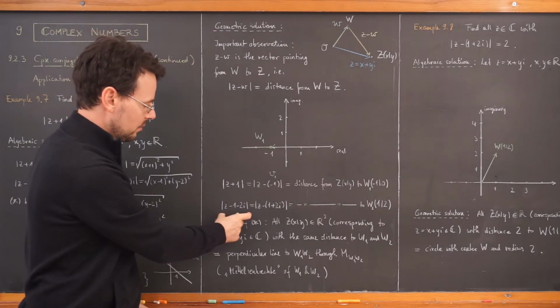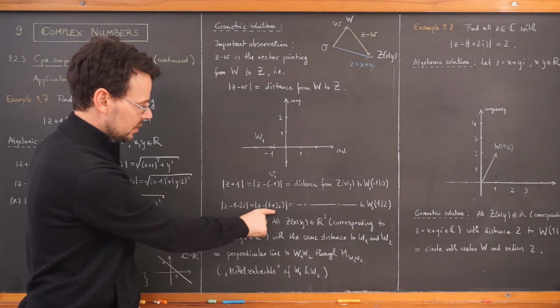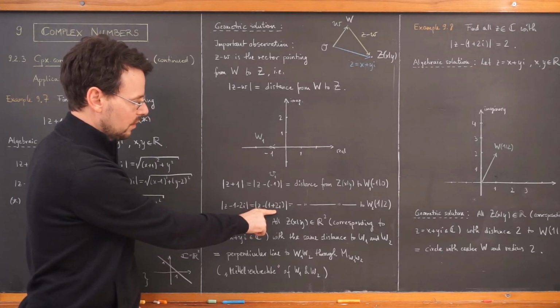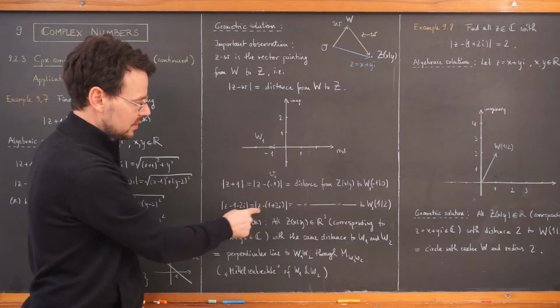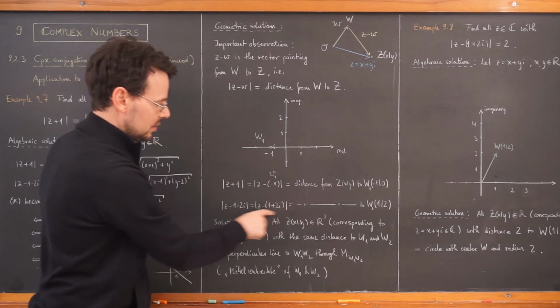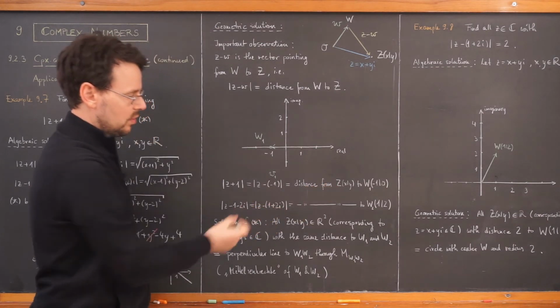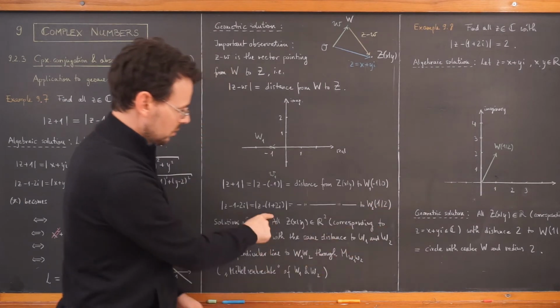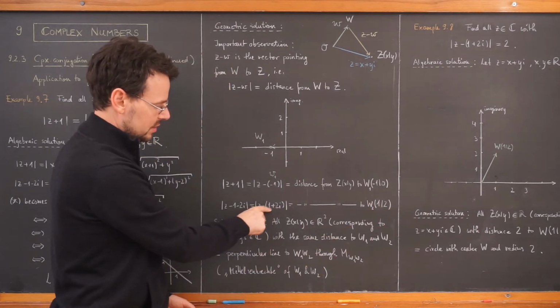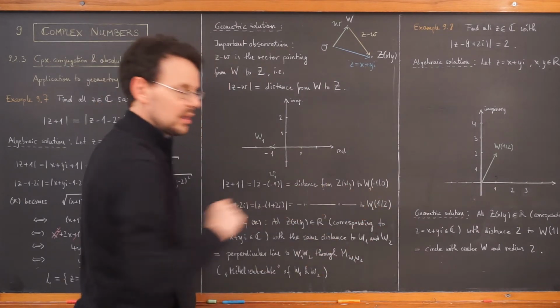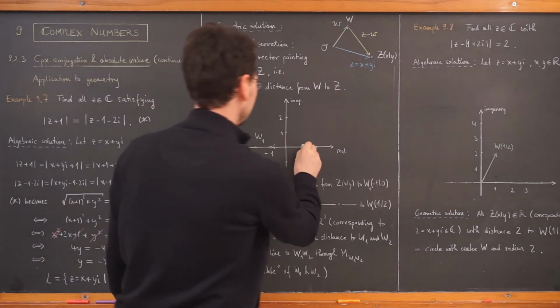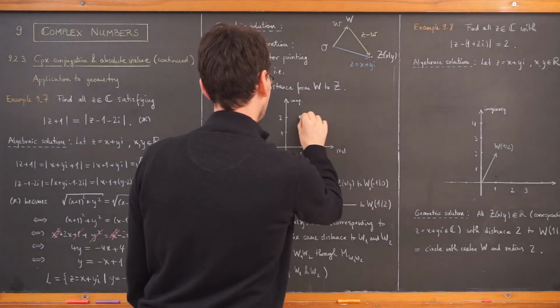The same way, the right-hand side can be rewritten like so. And this is nothing but the distance from the point capital Z to this point, 1, 2. Yeah, associated to this complex number, 1 plus 2i, the point 1, 2, which is here.